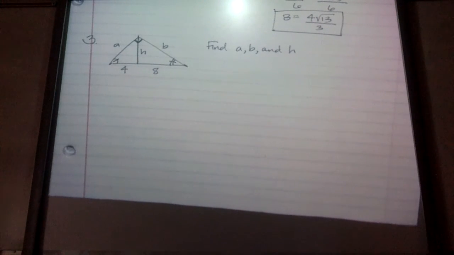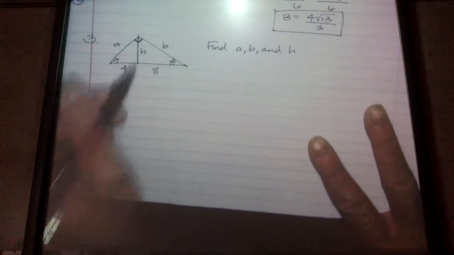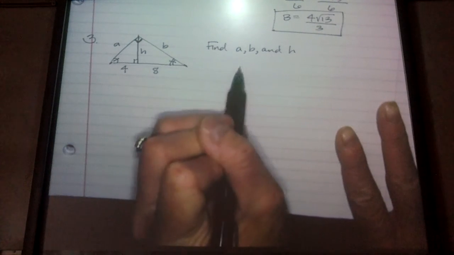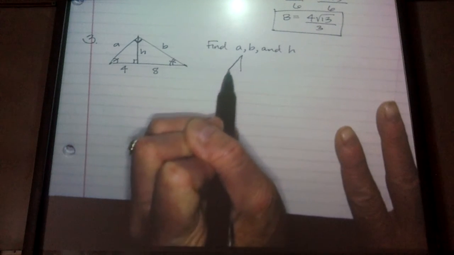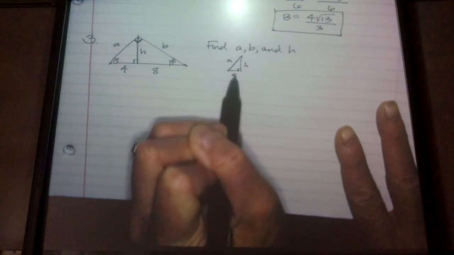Now you have to almost look at these as 2 very different triangles. And it's really, really hard to do. So think of it this way. You have 2 separate. I know this is 90. So if I draw it out for you like this, it might be easier. You have 90, you have A, H, and 4.